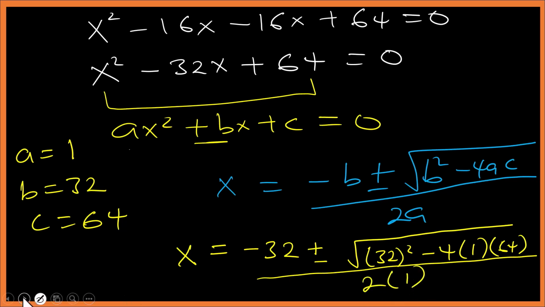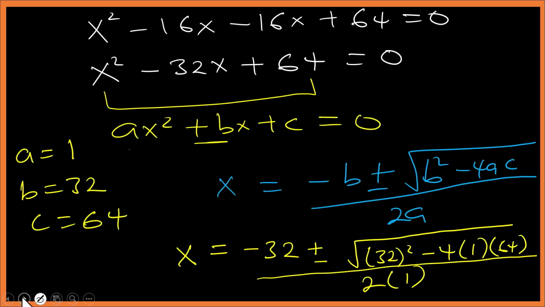So this one will be x equals minus 32 plus or minus the square root of 32 squared.